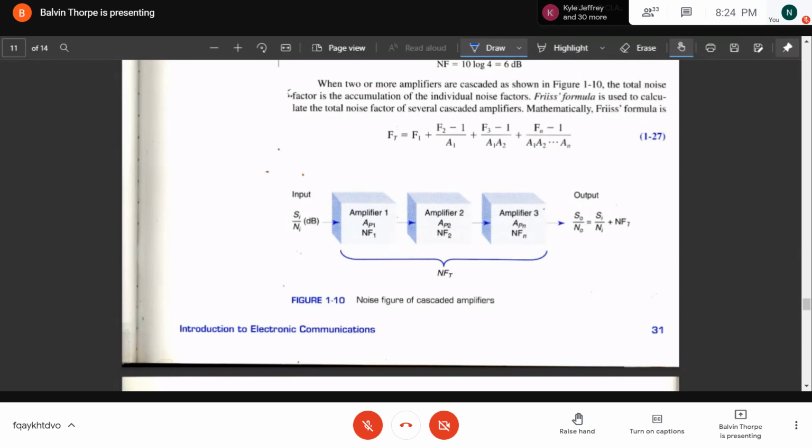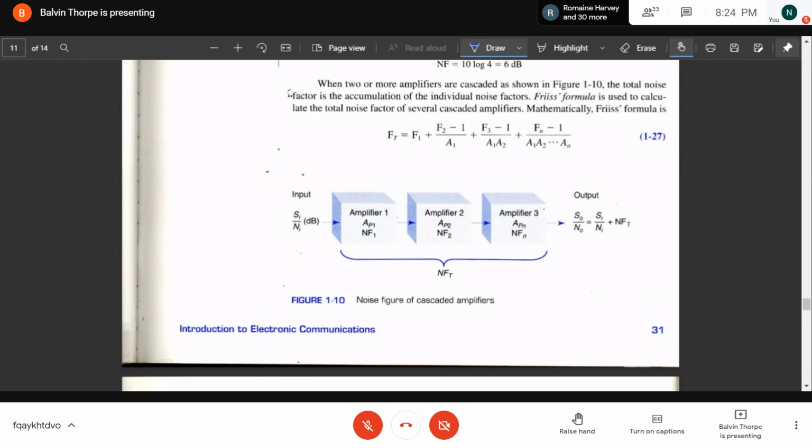If that's the case, it means that our noise figure is going to be affected, because the noise factor is the ratio of the signal to noise at the input as compared to the signal to noise at the output of the system.